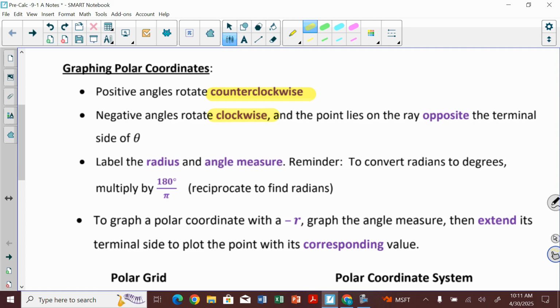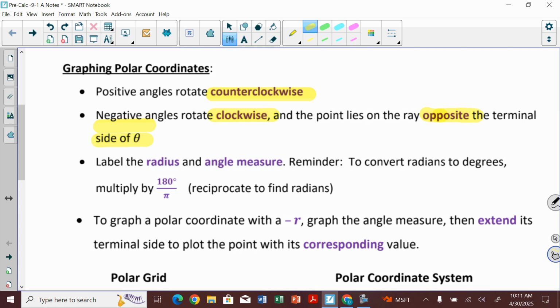And the point lies on the ray opposite of the terminal side. Regular positive angles go counterclockwise. Negative angles are a little trickier, though, because the point lies on the ray on the opposite side of theta. We'll talk about that as you go. You're going to draw a line through the pole to get your measurement there.